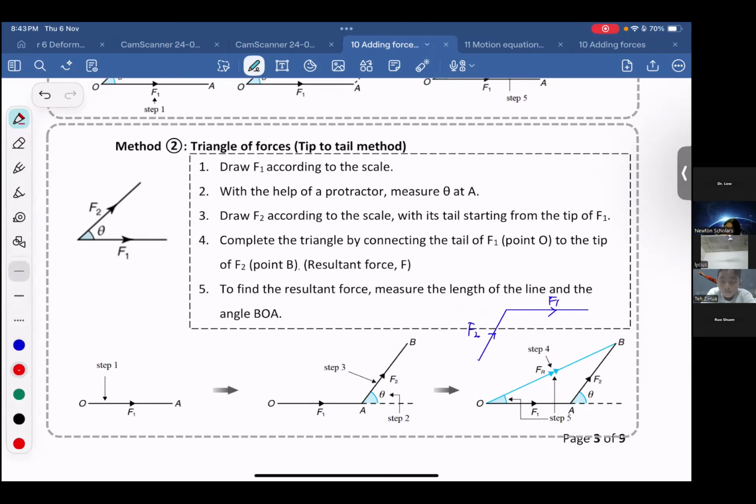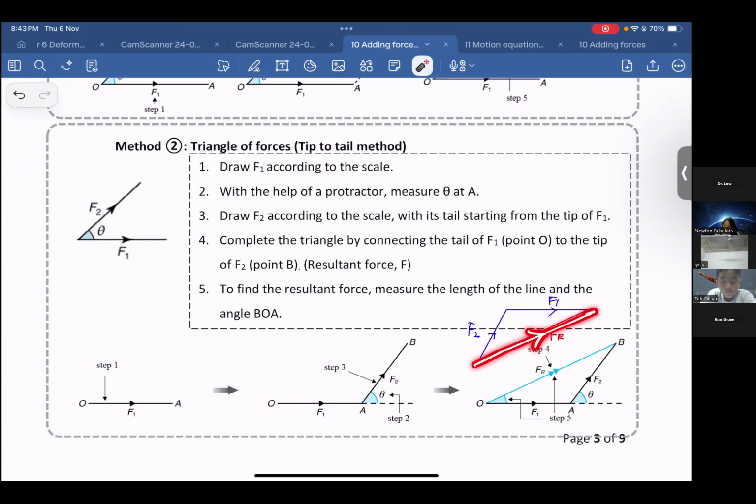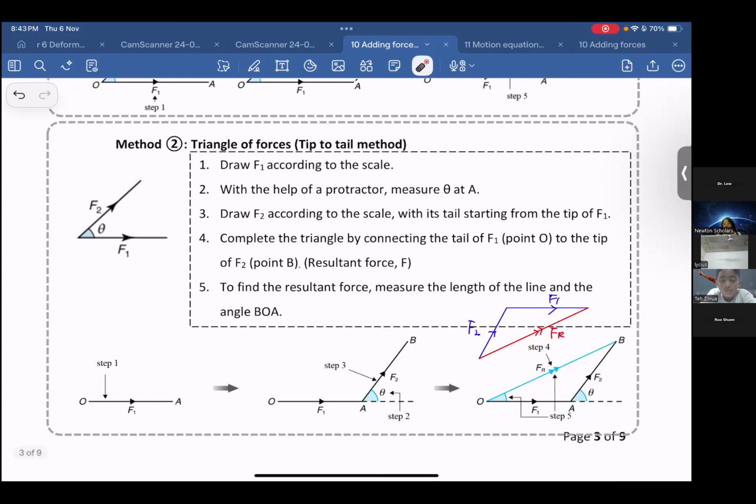My resultant force will be the starting to the ending, this part. This is my resultant force. Am I right? So can you see that, dear? This resultant force is the same as this resultant force. This is what we did just now, but just now our drawing was with 90 degrees. Now with a certain angle, not 90 degrees anymore. So this method actually is the same.